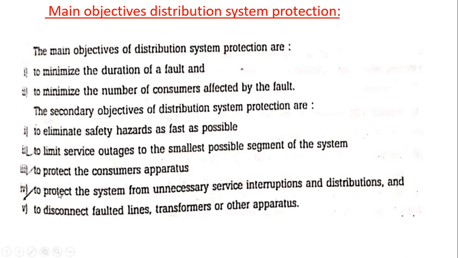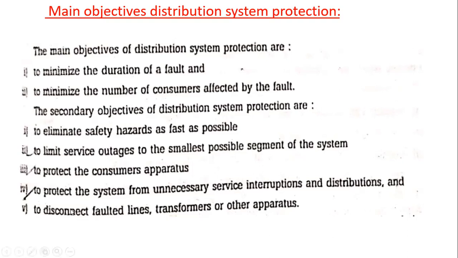Next one is to protect the system from unnecessary service interruptions in the distribution system. We are protecting the system from the fault conditions and also from unnecessary service interruptions. That will all be controlled by using the various equipment that will be installed.